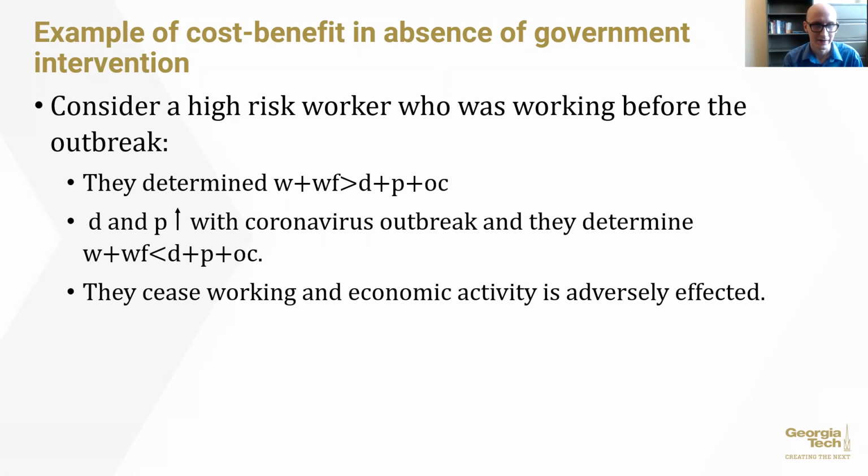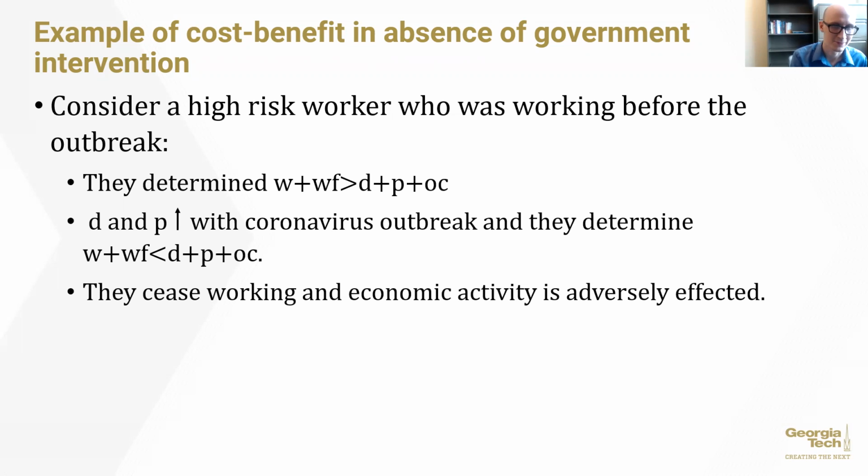Now consider a high-risk worker thinking at the beginning of the outbreak. Originally, before the outbreak, they would consider W plus WF to be greater than the risk of dying, the psychological cost of putting others at risk, and the opportunity cost.